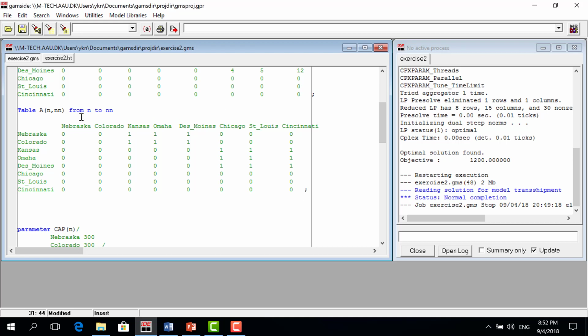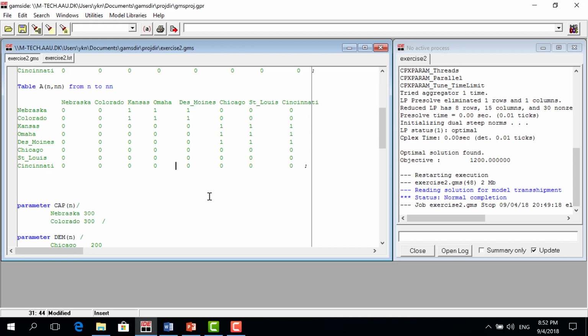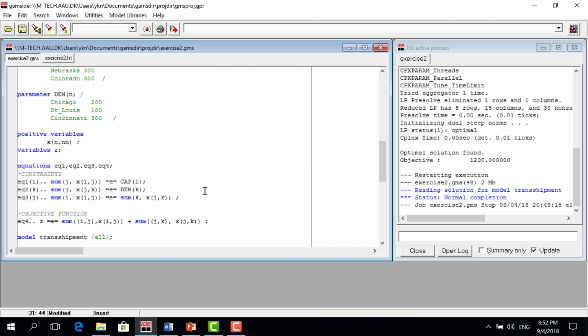Again, because now we have table A, we have to include this table A in our constraint. Here we have sum over J if, and we would like to introduce another symbol here using dollar.